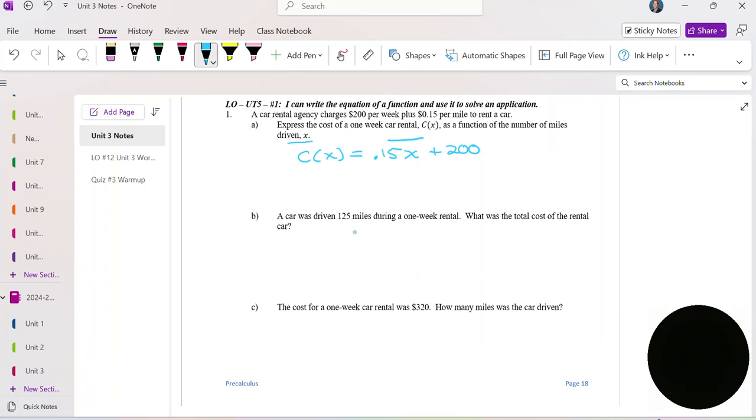So a car was driven 125 miles during a week rental. What was the total cost of the rental? So basically you're trying to find C of 125. So 0.15 times 125 plus 200.